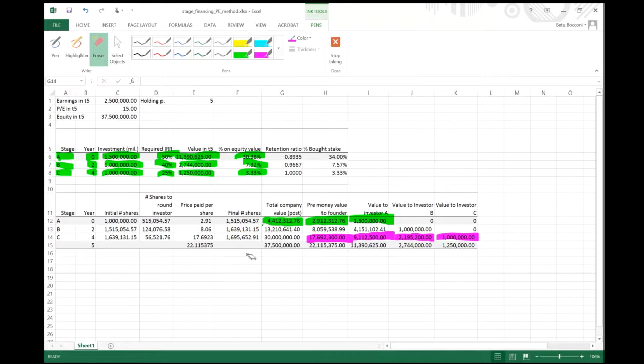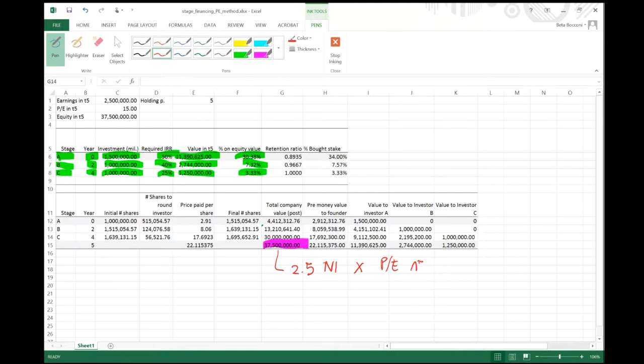Now focus clearly on the final point. The final point is what we started from. We know that in year number 5 the company is, if everything holds true, worth 37.5, which was, as you remember, the 2.5 million net income times the price earning of 15 times, 37.5 million.